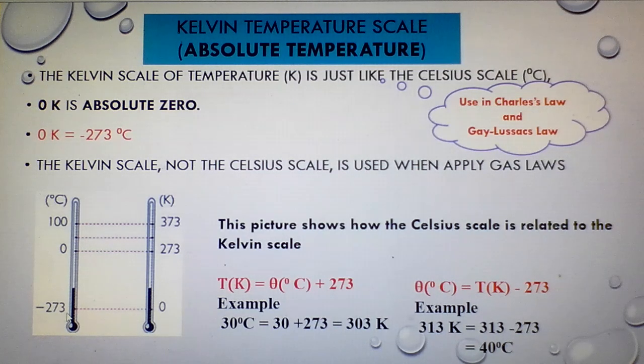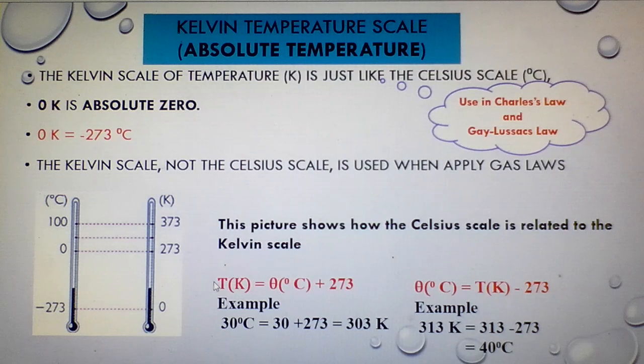In this picture, 0 Kelvin is equivalent to negative 273 degrees Celsius. 0 degrees Celsius is equivalent to 273 Kelvin. 100 degrees Celsius is equivalent to 373 Kelvin. As you can see, negative 273 plus 273 equals 0, 0 plus 273 equals 273, and 100 plus 273 equals 373.